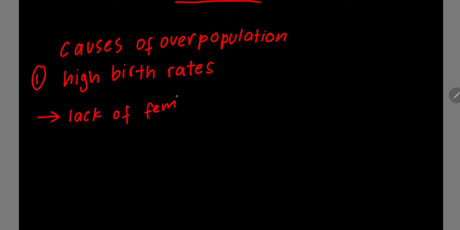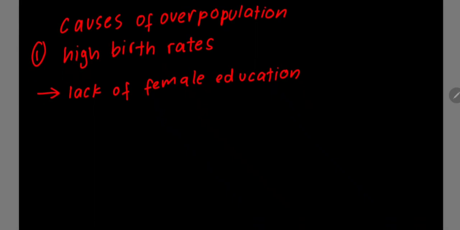When women are not aware of birth control, they don't know that they have a choice to have or not have a baby, so most of them just go ahead and have a baby. So the more educated the female population of a country is, the smaller their population size.